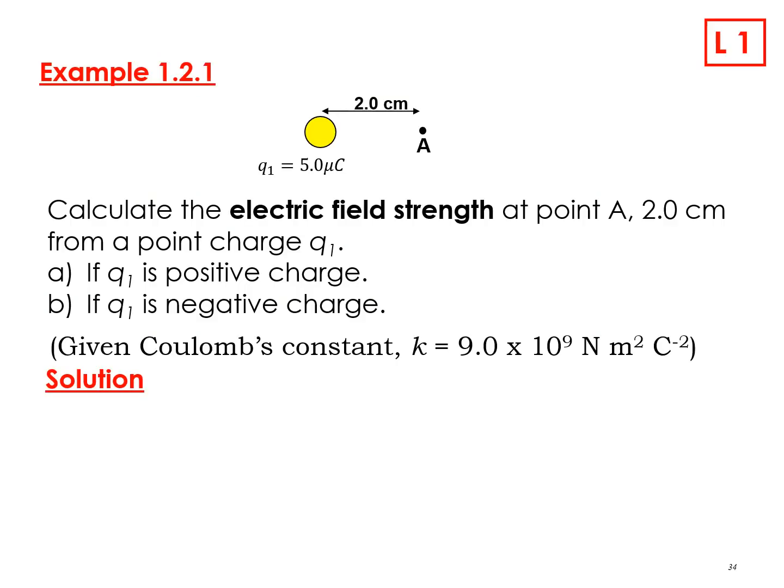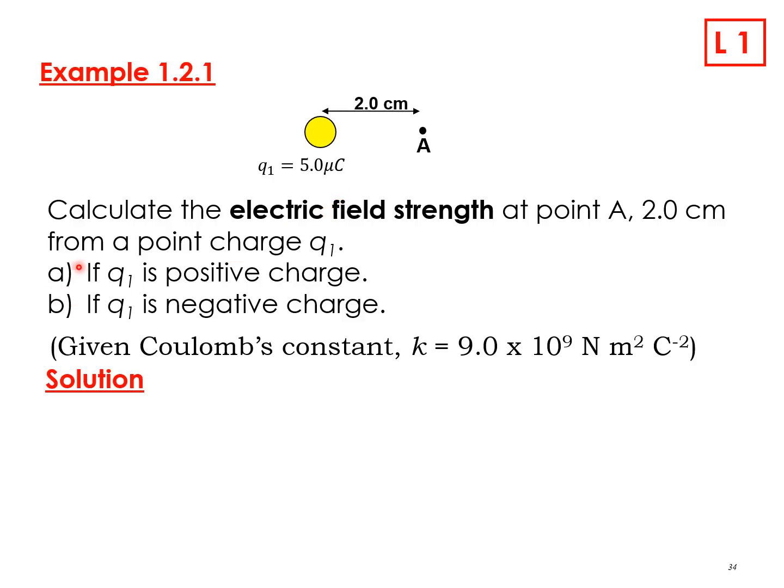Okay, so let's look at a few examples. Example 1.2.1 under electric field. They ask you to calculate the electric field strength at point A, located 2 cm from a point charge. This is the point charge labeled Q1, and the magnitude is 5 microcoulomb.